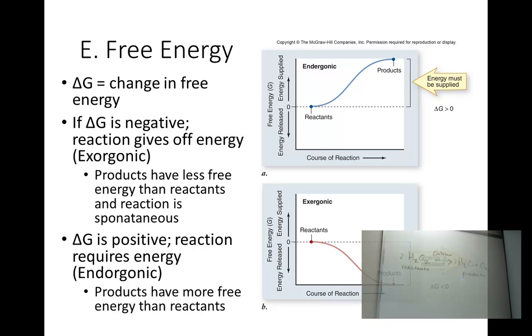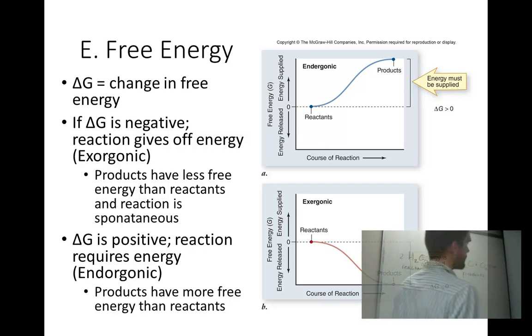You have reactants, they go through a chemical reaction, the products lose energy. So you could also put plus energy. And so that's an exergonic reaction. And it's spontaneous, so it happens without having to put energy into it. All you had to do was put the catalase on the hydrogen peroxide and it happened.